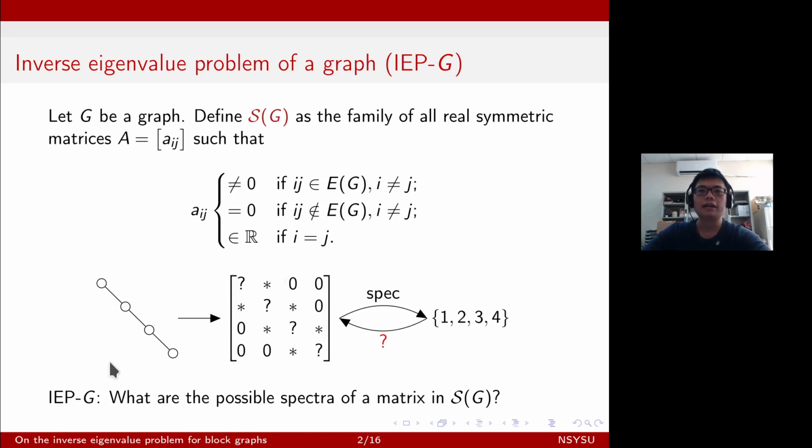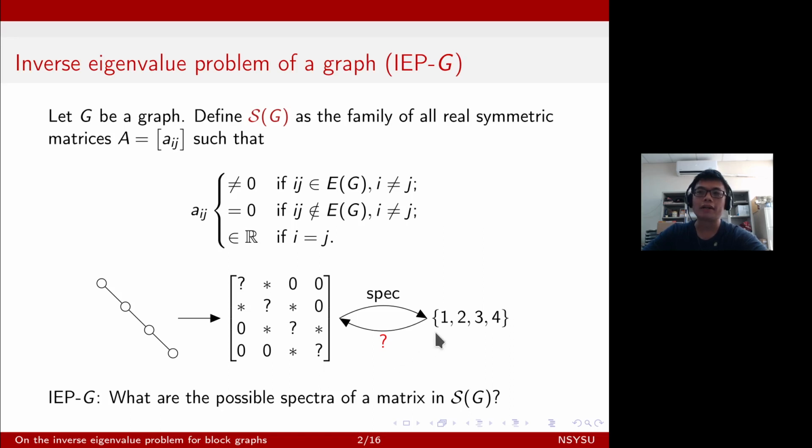And the vibration behavior is governed by the spectrum. So we want to understand the vibration behavior provided that we are not quite sure about the exact value of the matrix. On the other side, it is just a fundamental question that we want to study a matrix like this. Whenever the only information is the pattern, what can we say about the matrix? So that's the inverse eigenvalue problem.